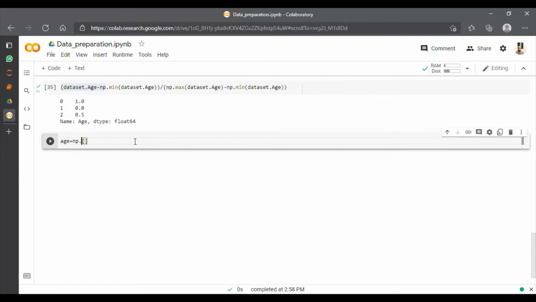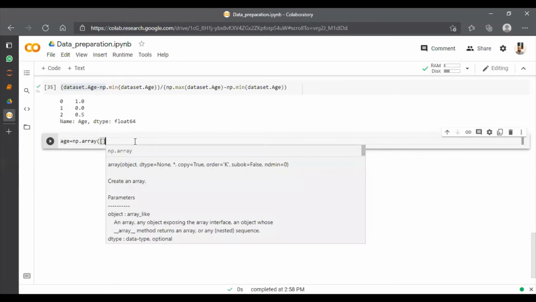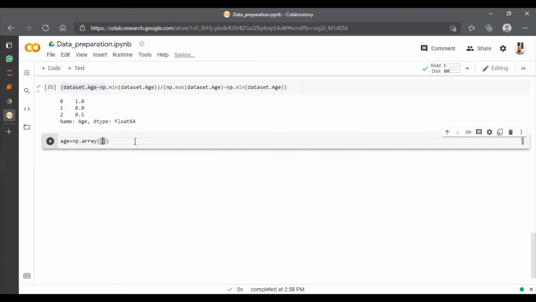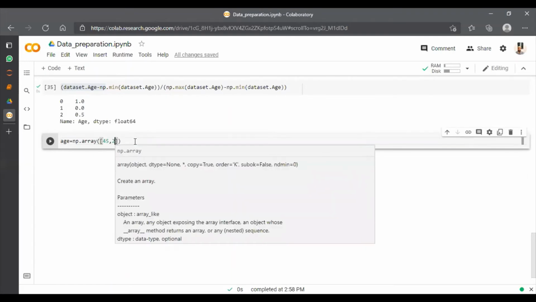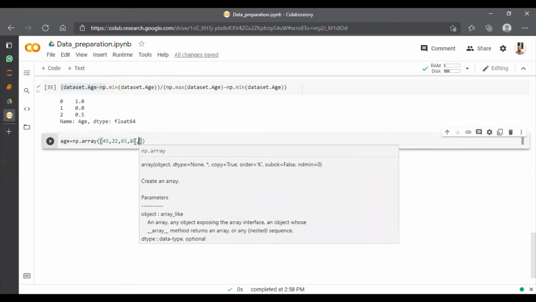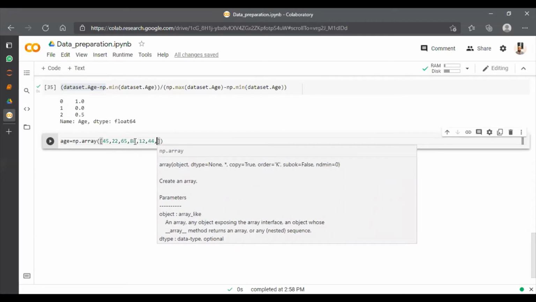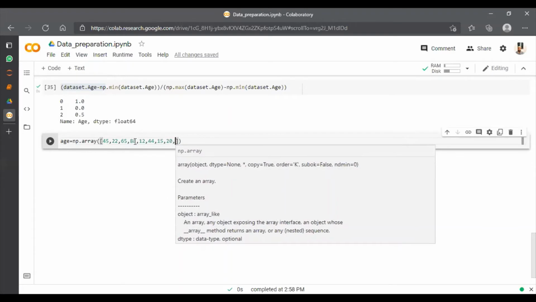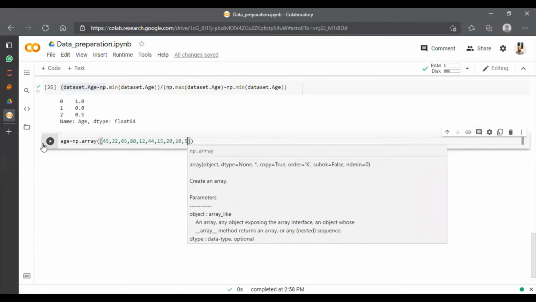Let's say np.array of age of several values like this: 45, 22, 67, 5, 88, 12, 44, 15, 20, 10, and 5.